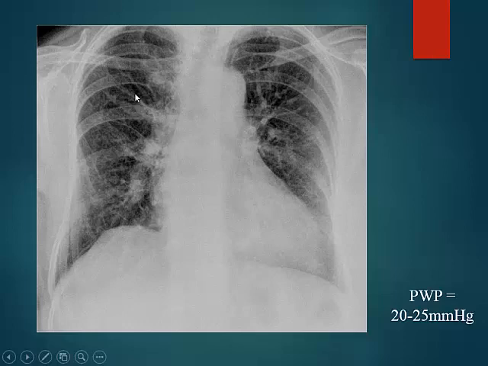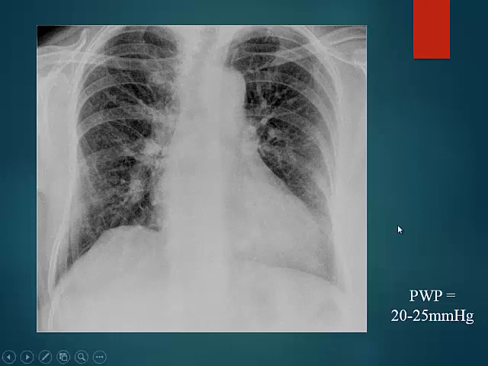That happens when pressures go up slightly more, and plasma from the pulmonary veins goes around into the interstitial or perivascular space. This is perivascular cuffing, also called peribronchovascular cuffing. This stage is more advanced than upper lobe diversion, but it's just before pulmonary edema. An intermediate stage.